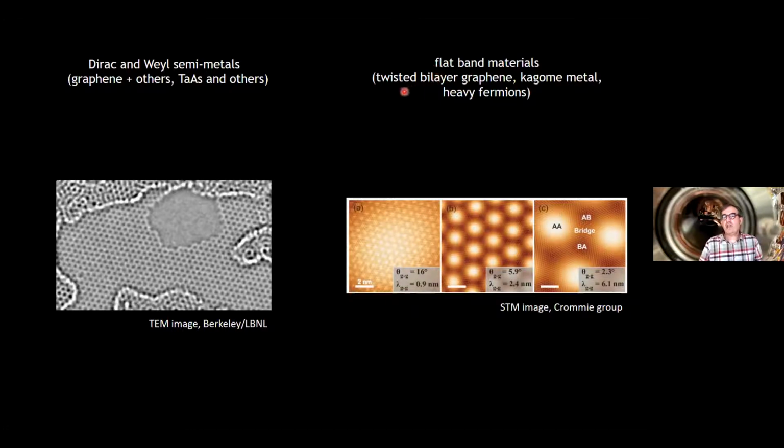So here's one example of a flat band material, which is twisted bilayer graphene. Here's images of it taken by Mike Crommie's group. And one of the features of this twisted bilayer graphene is that at a particular angle of alignment of two graphene sheets, one flattens out the band structure to a very high degree, and that allows something interesting to happen.